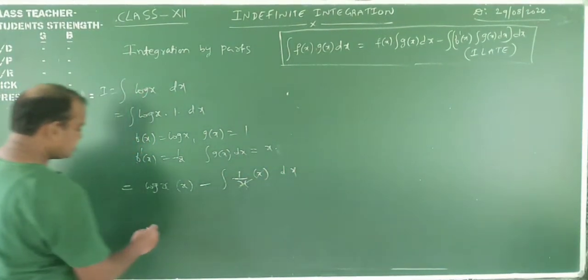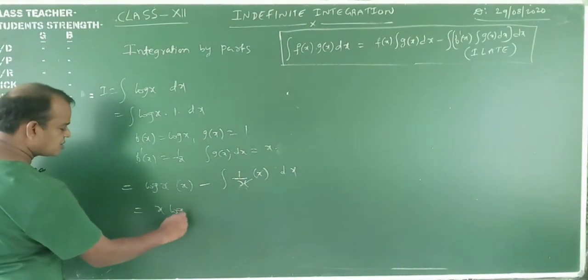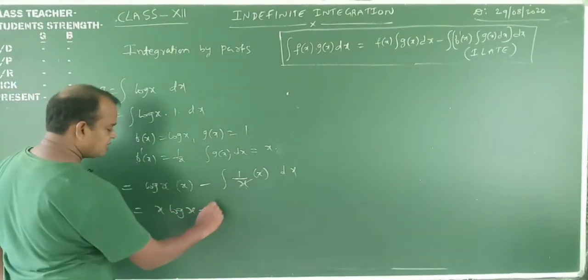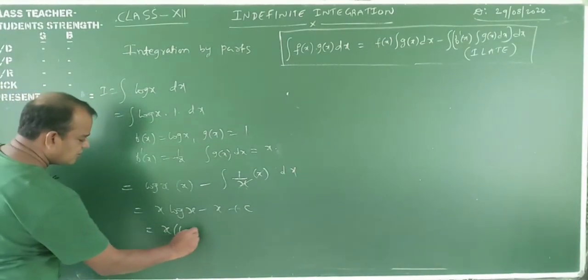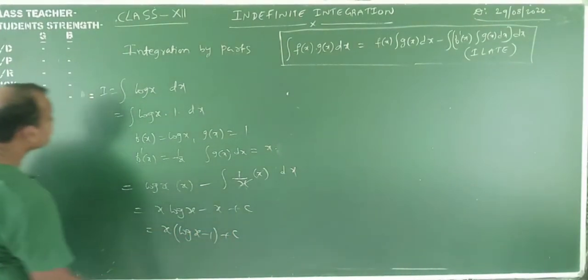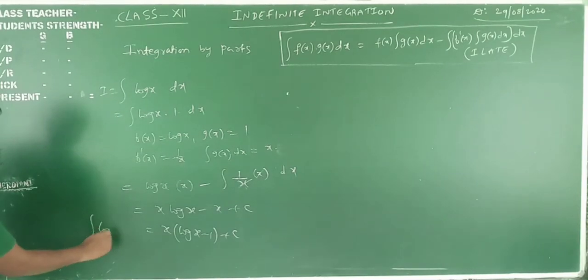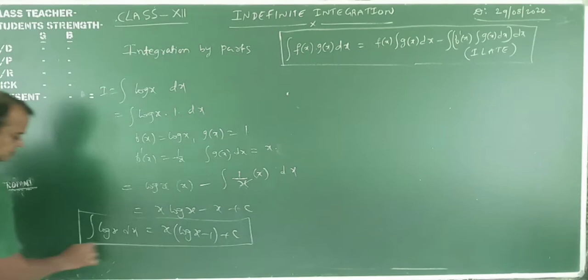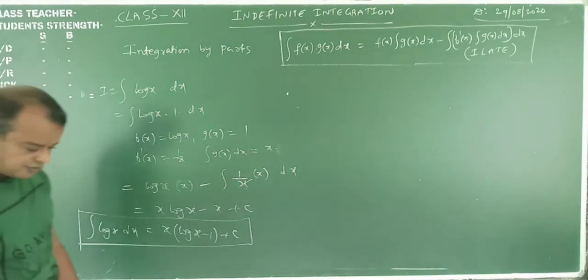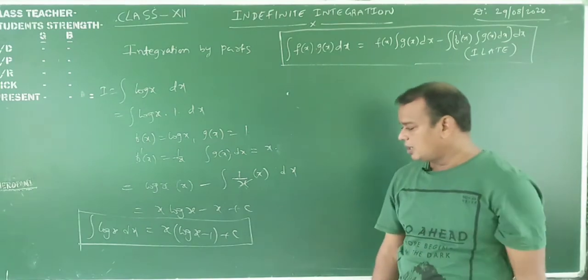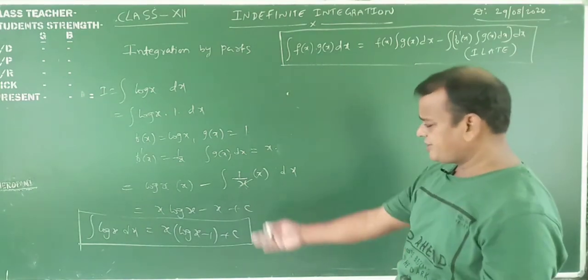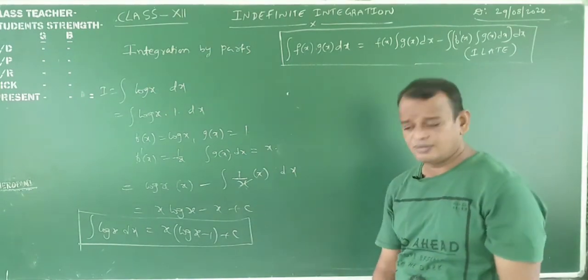This one cancels, so that equals x log x minus integral of 1 dx, which means x, plus c. Now taking x common, x into log x minus 1 plus c. This is the integral of log x dx. Remember the formula. Integral of log x dx is equal to x log x minus x, or x into log x minus 1, plus c. No problem at all.